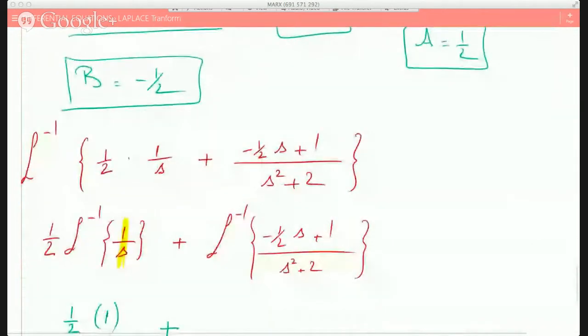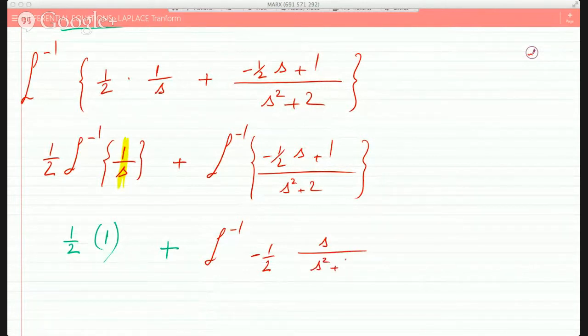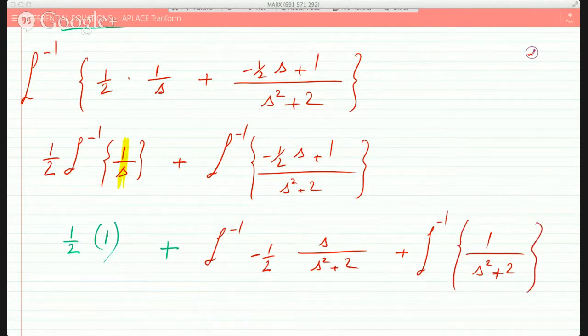I don't have two things, so it might pay off to separate this. So this is minus 1/2 s over s squared plus 2 plus 1 over s squared plus 2. And now I can take the inverse Laplace of each one of those separately. And this minus half is a constant. I can pull it out in a second.